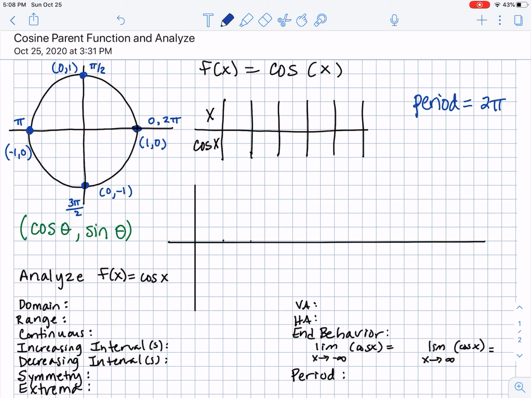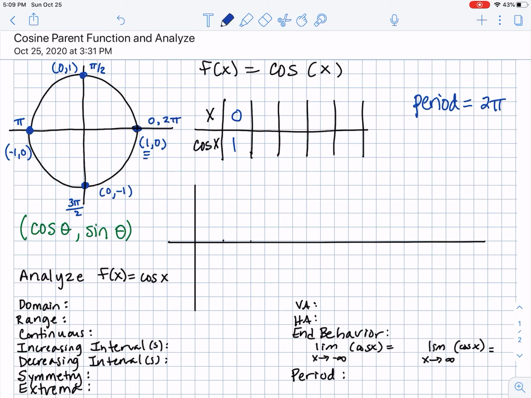Let's fill in this table to evaluate the cosine of x. So if I start at, say, 0, and I'm looking at the cosine of 0. Well, the cosine of 0, when we go to (1, 0), the cosine is the x value, and that would be a 1.